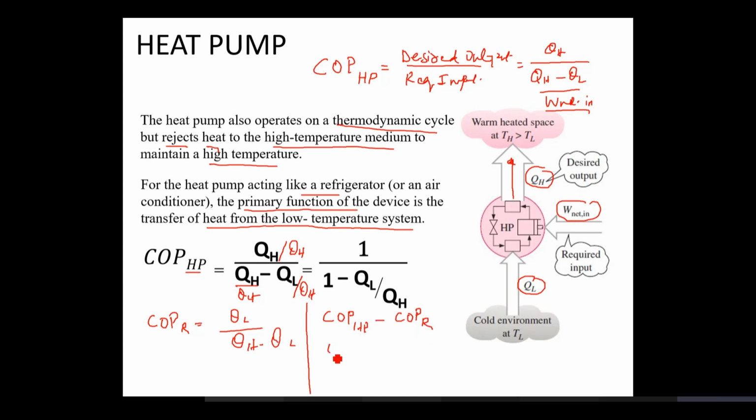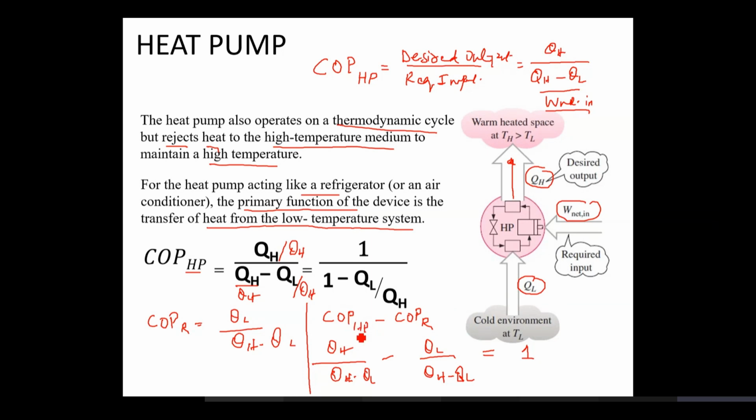This would essentially become QH upon QH minus QL whole minus QL over QH minus QL. ये किसके बराबर होगा? So 1, this would essentially become equal to 1.